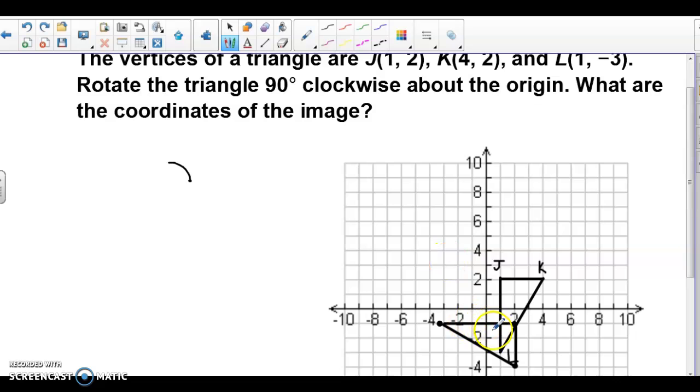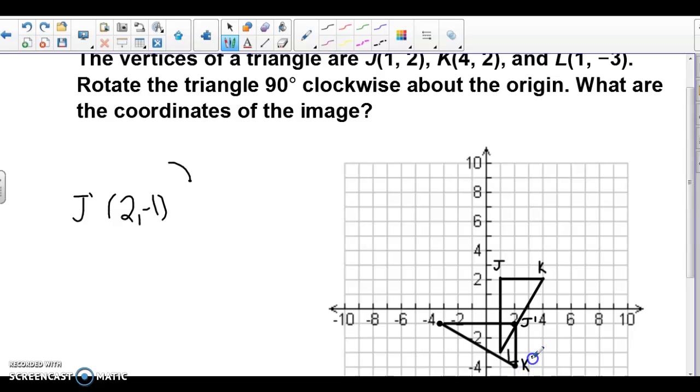So I've gone ahead and connected the dots here, and so J rotated right here, so this would be J prime, and that's at 2, -1. I'm getting better at writing with this notepad here. Hopefully I'll get better by the time we're done with this little distance learning experiment. K prime is over here now. You'll see K rotated to down here.